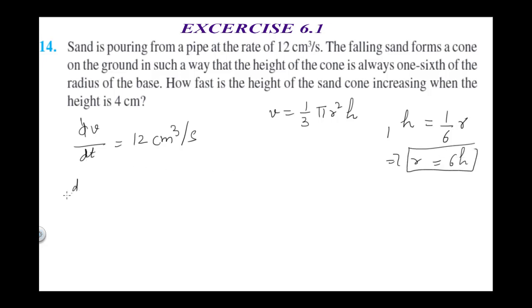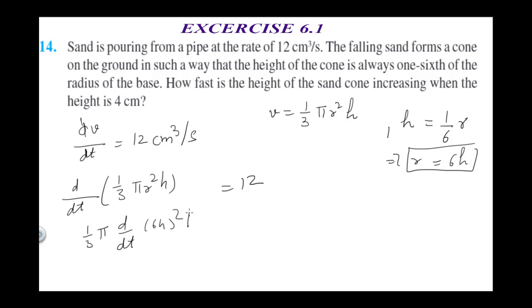Now let us put the value. d by dt of volume is 1 upon 3 pi r square h equals 12. Taking 1 upon 3 pi common, d by dt of, instead of r we can write 6h whole square into h equals 12.